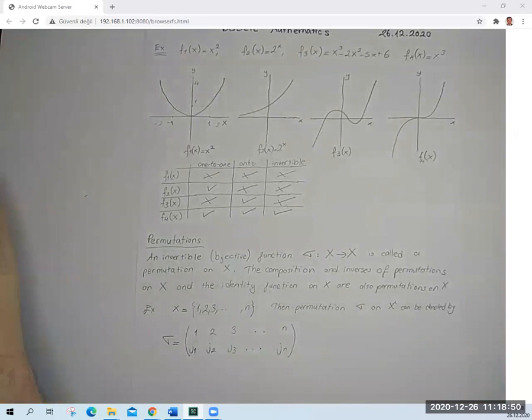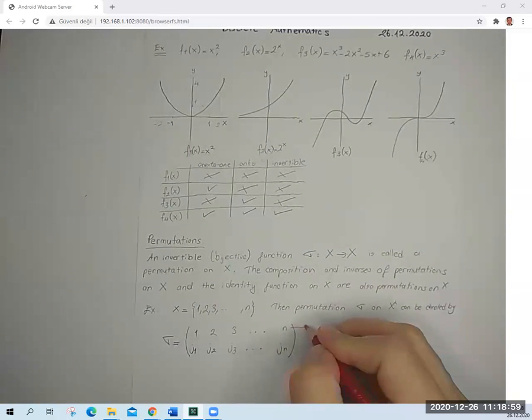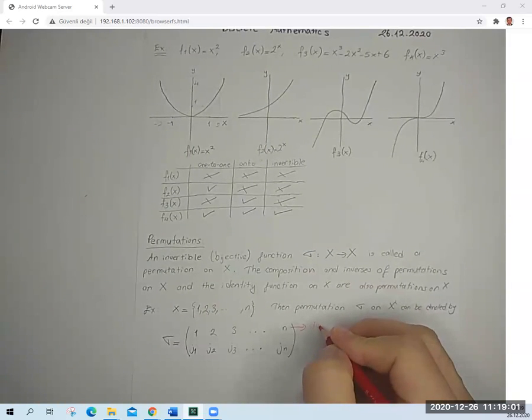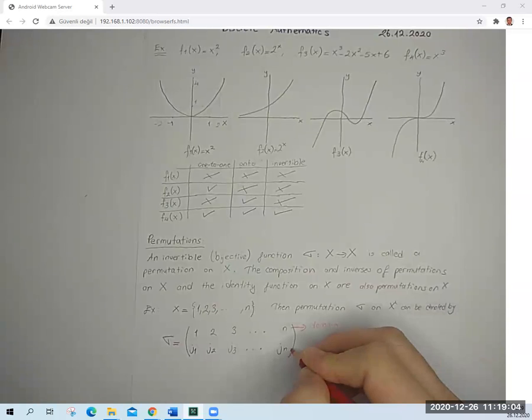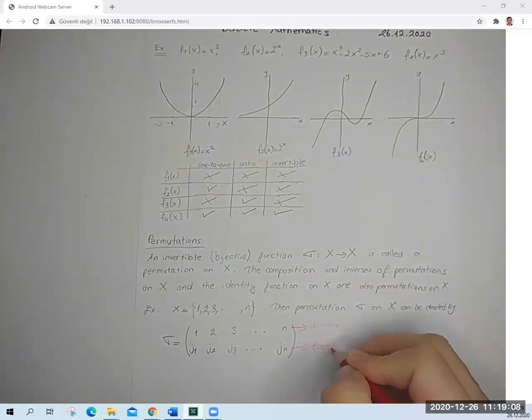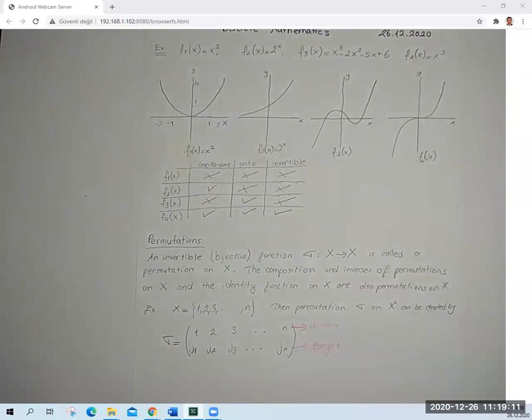Let's change the pen. Okay, this is the domain. And here is the target or codomain. And this is our permutation function. And we can write the example again.